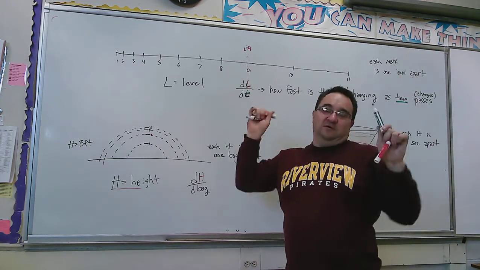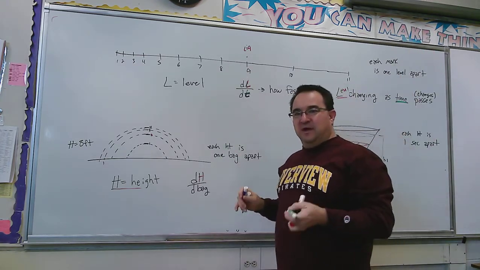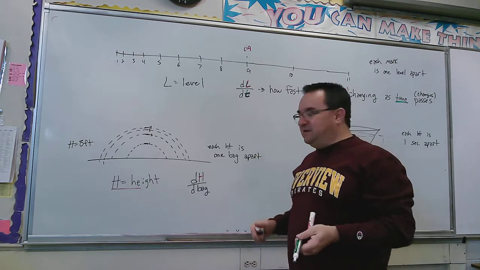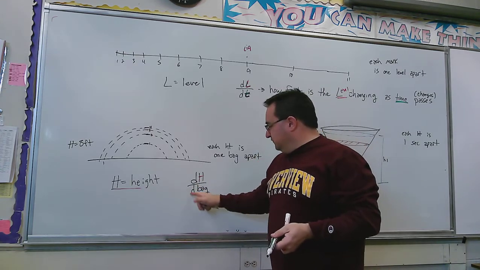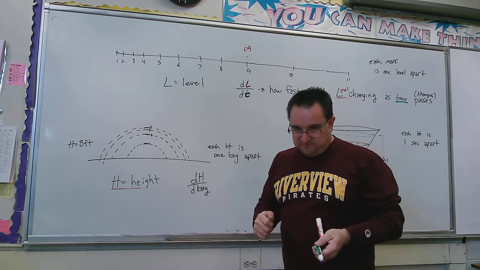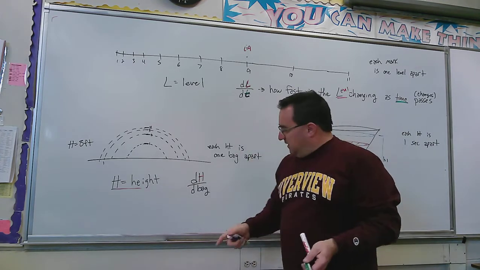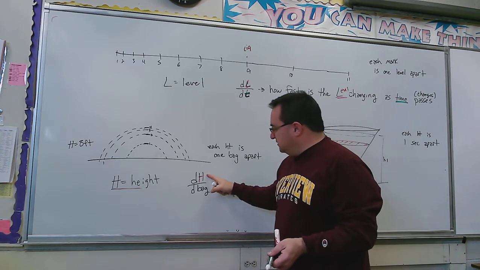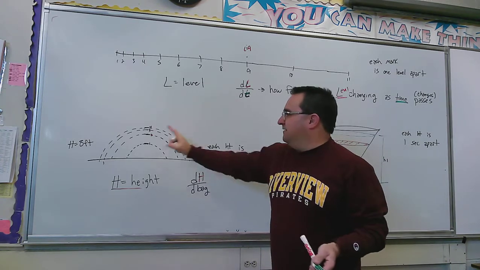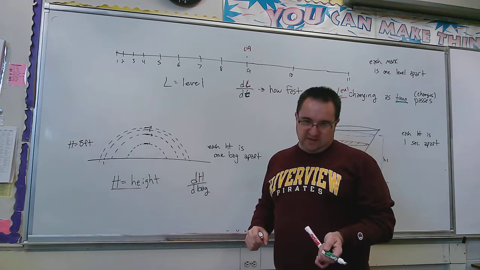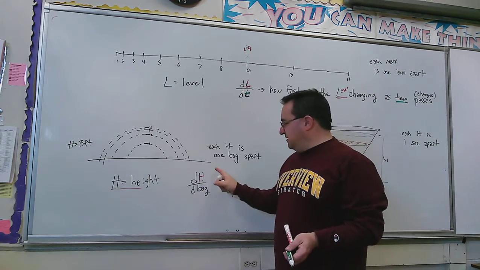That's really weird. Like we wouldn't do that in a math problem. I'm just trying to get at what this stuff means. The d something over d something means change in, and there's always two things involved. How fast is the height changing for every bag that gets added into the mix?